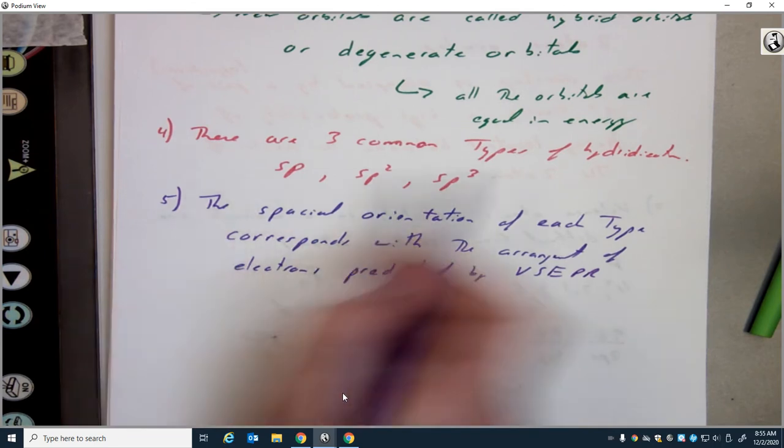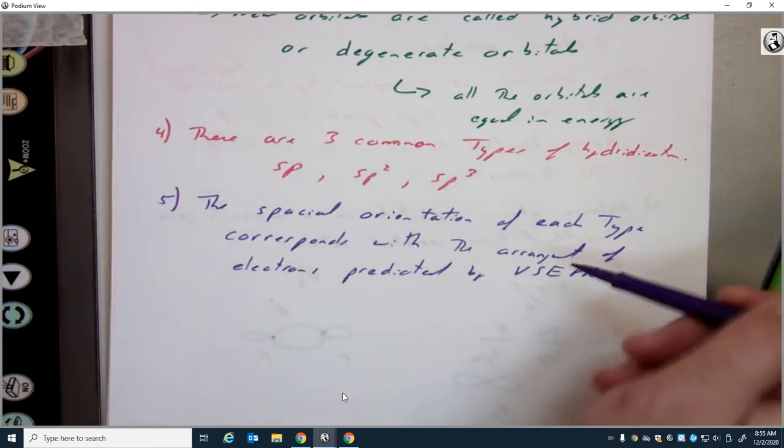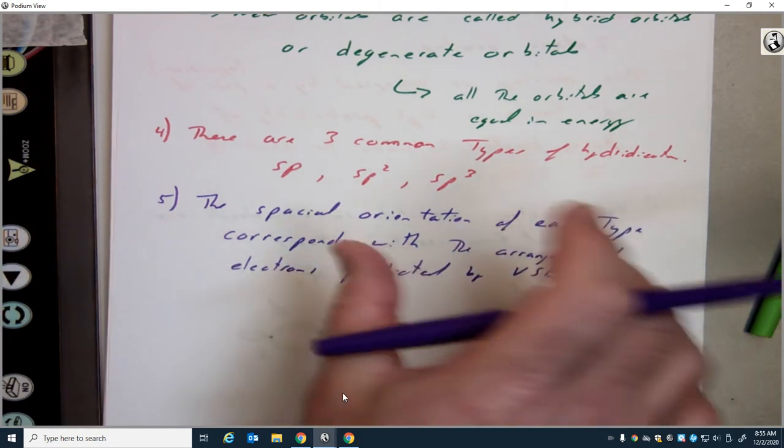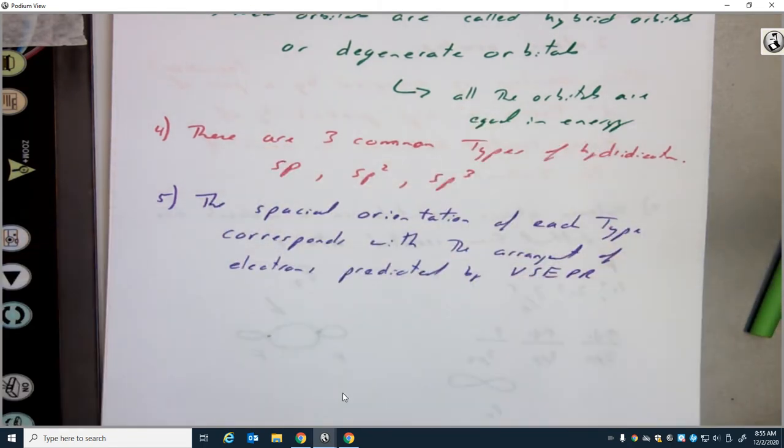So these hybrid orbitals actually work with VSEPR, and if we didn't have these, VSEPR wouldn't work.